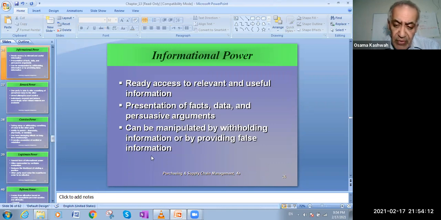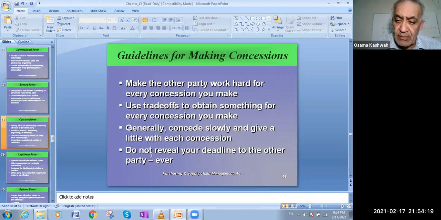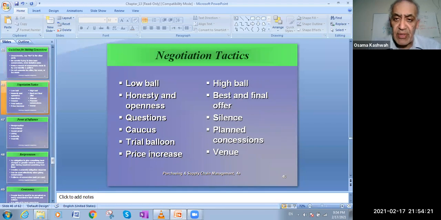And we'll go now to page 46, which I believe is very important also. The tactics. What are you going to use when you negotiate? What are the tactics which you will use when you negotiate?